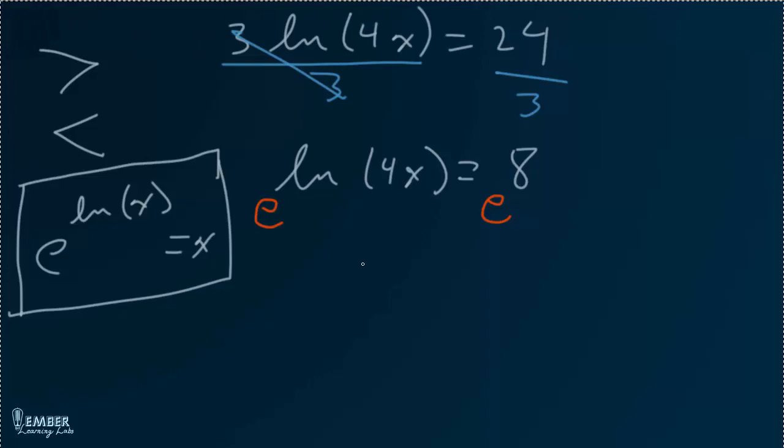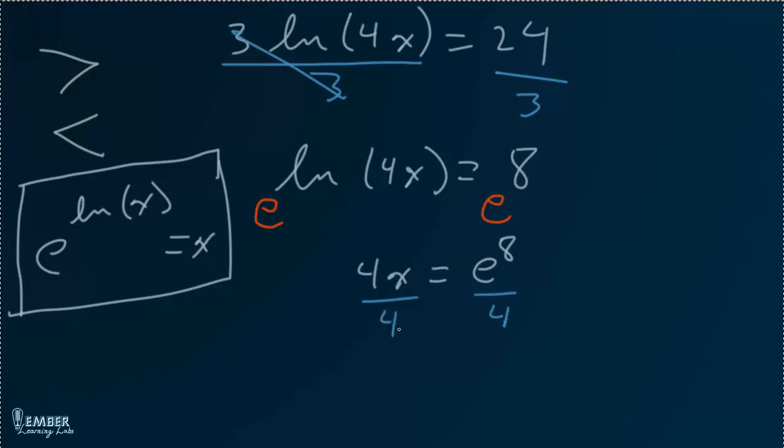So we have 4x equals e to the 8th, which is the same as if we just simply wrote this in exponential form. Doing it this way will help keep these signs straight if you're doing it with an inequality. Now, the last thing we need to do is divide both sides by 4 because it's multiplied onto the x.